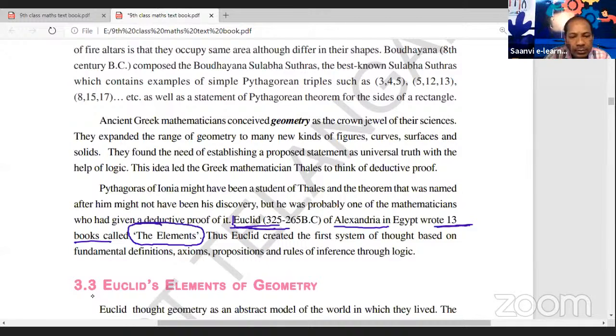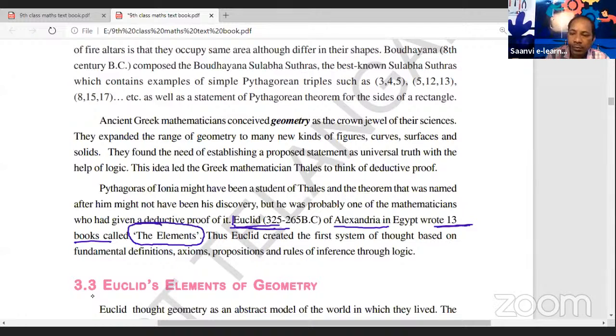Thus Euclid created the first system of thought based on fundamental definitions, axioms, propositions, and rules of inference through logic. So now we can say proudly Euclid is the father of geometry, and without him there is no geometry.